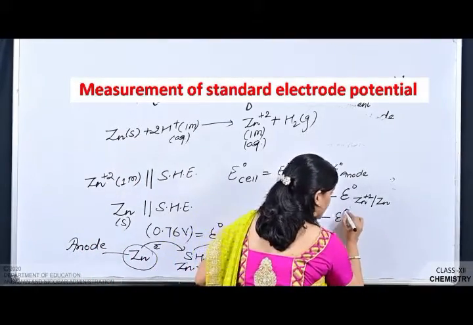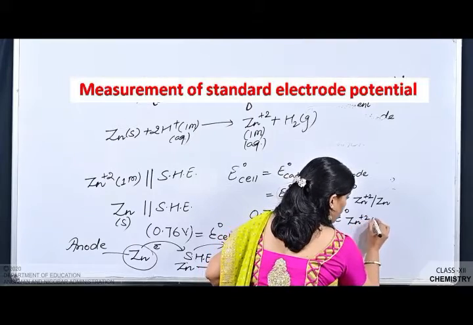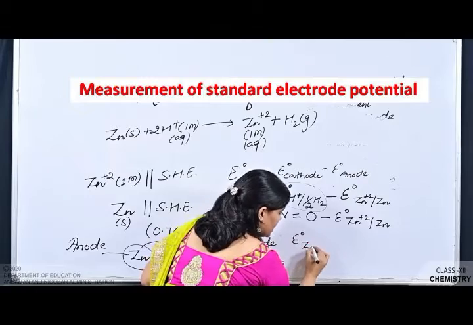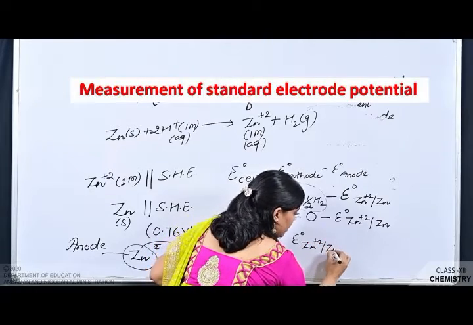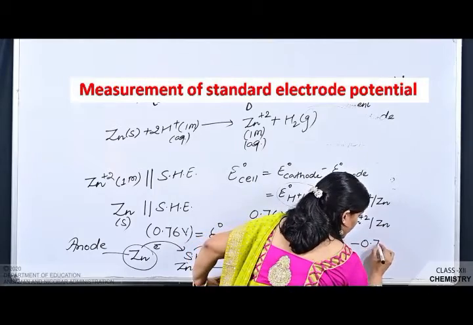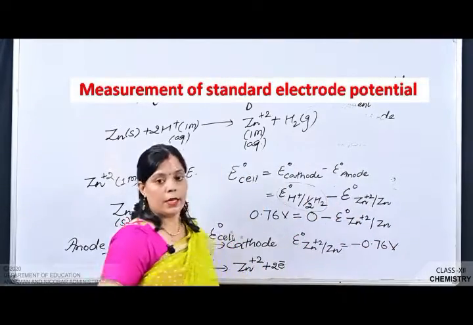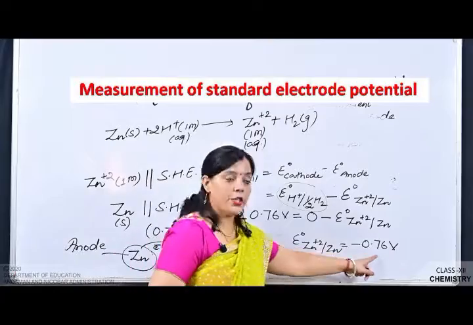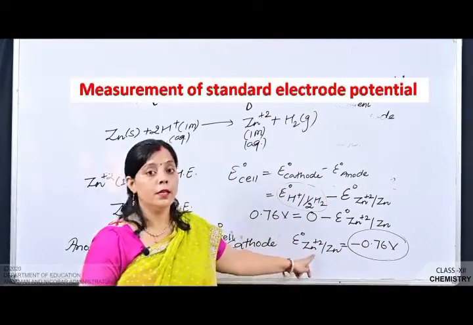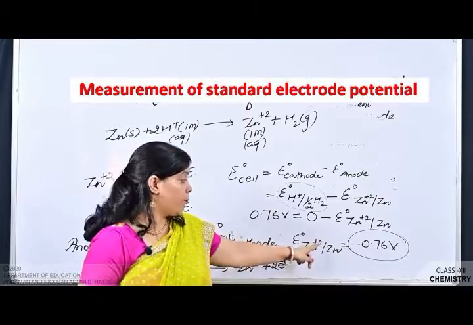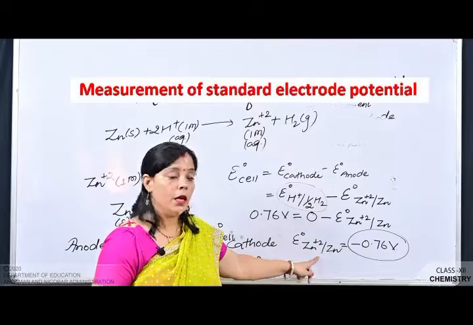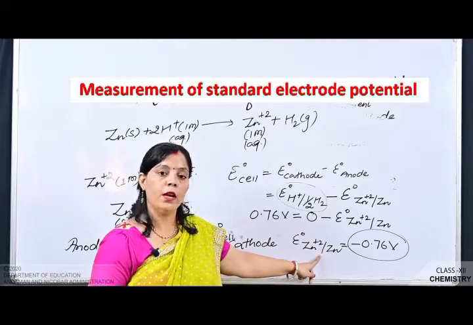So we can easily measure the potential of the zinc electrode, that is E of Zn2+/Zn, which is minus 0.76 volt. This is the potential of the half cell of the zinc electrode, and by attaching it with the standard hydrogen electrode we can measure the potential of an individual half cell.